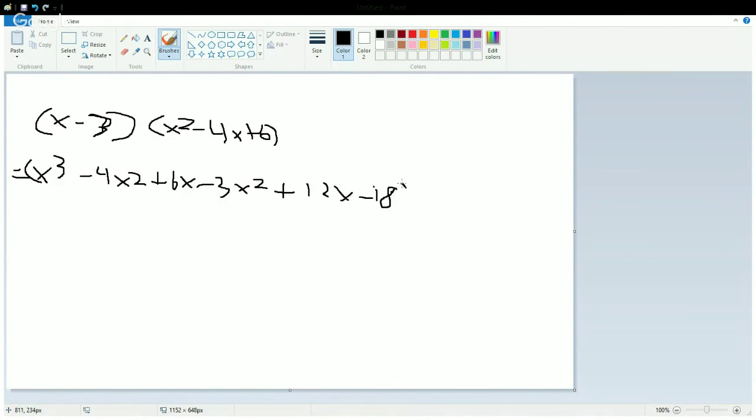So one more go, equals x cubed minus 4 minus 3, so that's negative 7x squared, 12 plus 6 is 18, plus 18x, minus 18. Assuming I did this correctly and didn't flip a sign again like the last one, the answer should be x cubed minus 7x squared plus 18x minus 18.